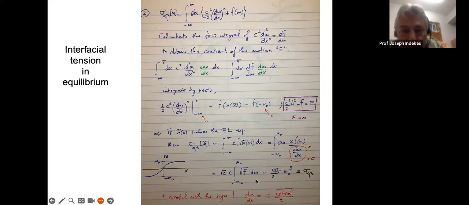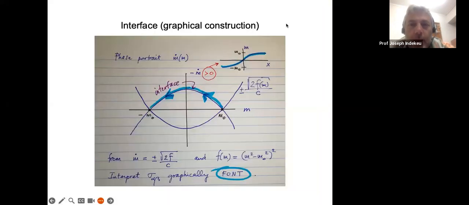And the result of this calculation is very simple. It's a constant times m0 cubed. And so the equilibrium value of the interfacial tension is proportional to the third power of this m0. And this permits us to obtain the interfacial tension critical exponent, which I will address in a moment.